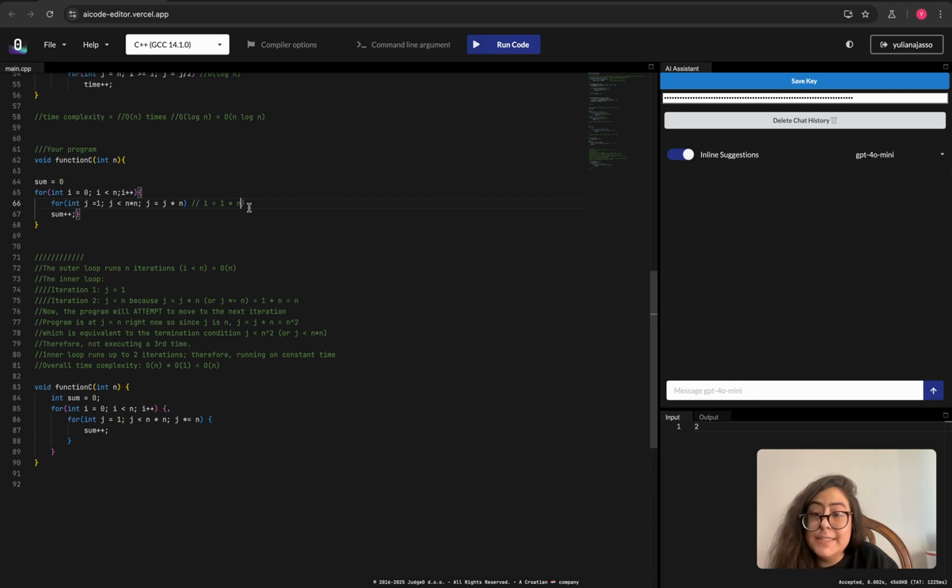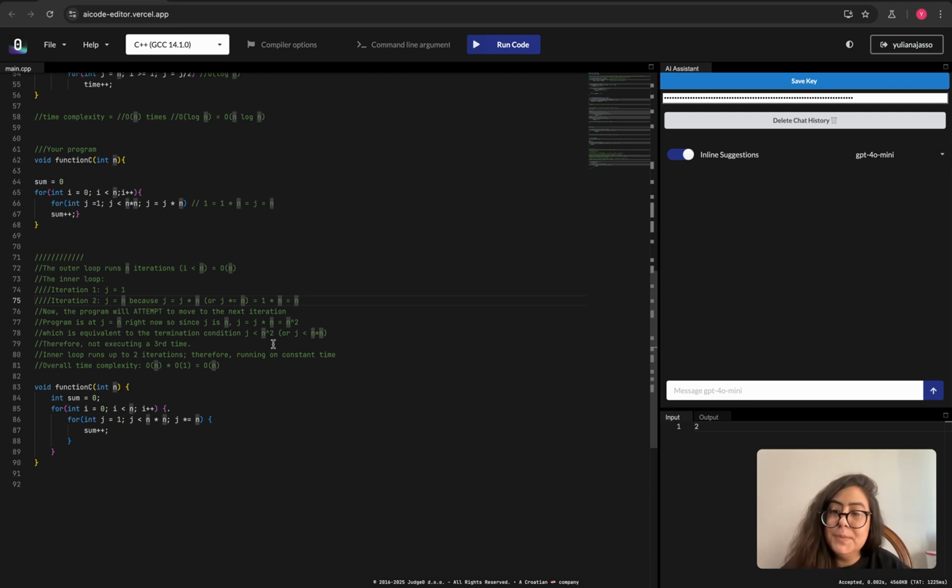So by the second iteration, our j equals n, since 1 times n equals n. That's why our j equals n.